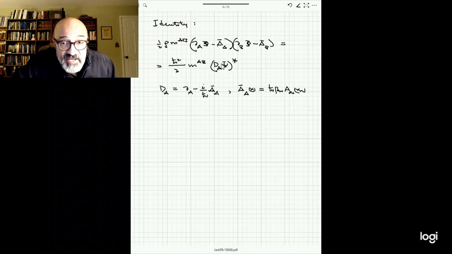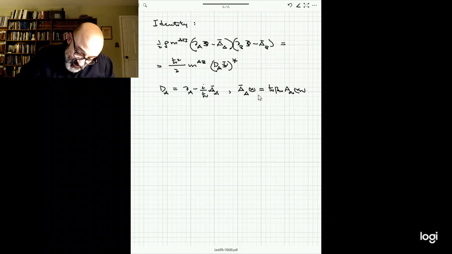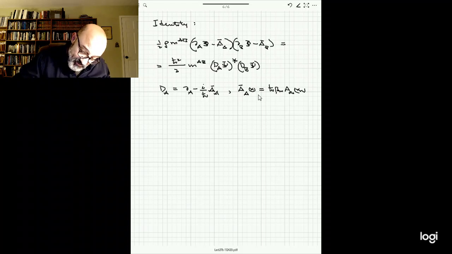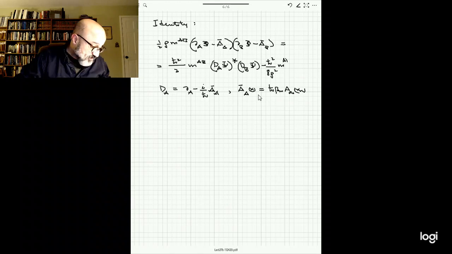So here we have this derivative. Let me continue. Then we have the other one. And then we have the following form here: h squared over 8 rho squared m^{AB} ∂_A rho ∂_B rho.